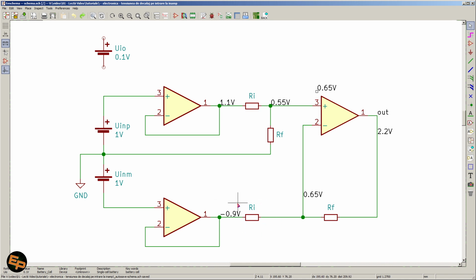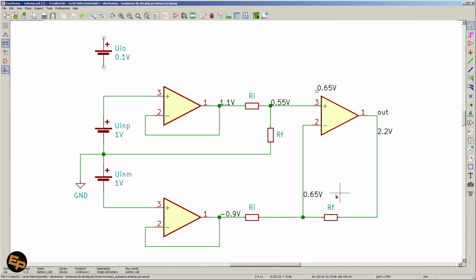If we have 1.55 volts here, then we must also have 1.55 here on this other resistor, because again, these 2 resistors have equal value. Therefore, the output voltage, because this other voltage is nothing else but the output voltage relative to this 0.65 volts point, then this output voltage is 1.55 volts.